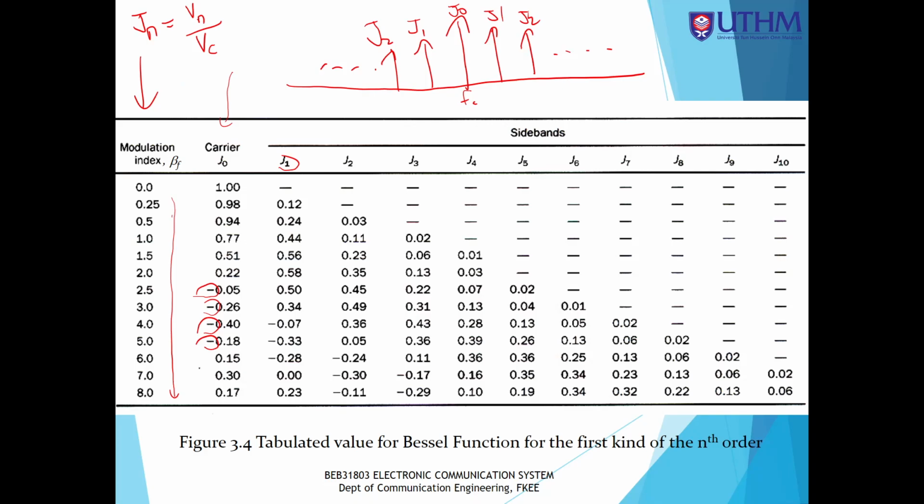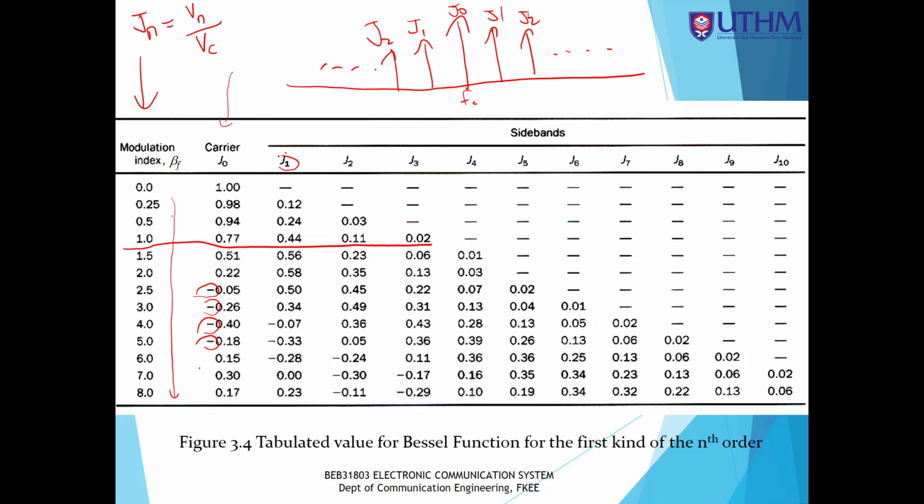So if you see from this table, for example this one, beta equal to 1.0, we have up to J3. We have the carrier component and up to 3 pairs of sidebands.